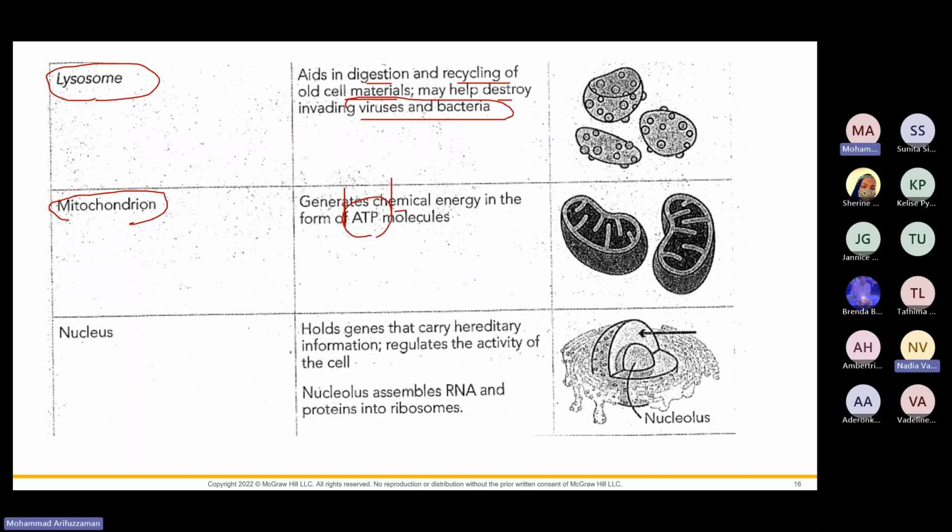Can you see the small projections? This is the mitochondria. Can you name this structure? That is the cristae. Yes, correct. Absolutely correct. The cristae of the mitochondria. Let me write here.